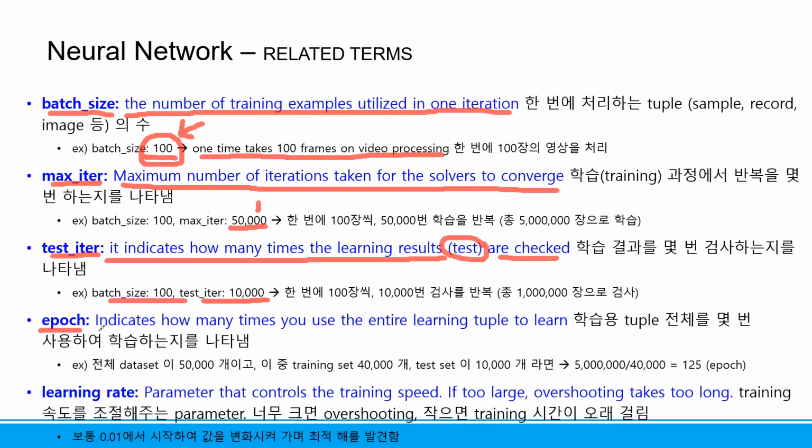Epoch. It indicates how many times you use the entire learning tuple to learn. So let's say, for the total data set, I have like 50,000, and I want to specify the batch size as 100. Then I can say that the training set is 40,000 and the testing is 10,000.